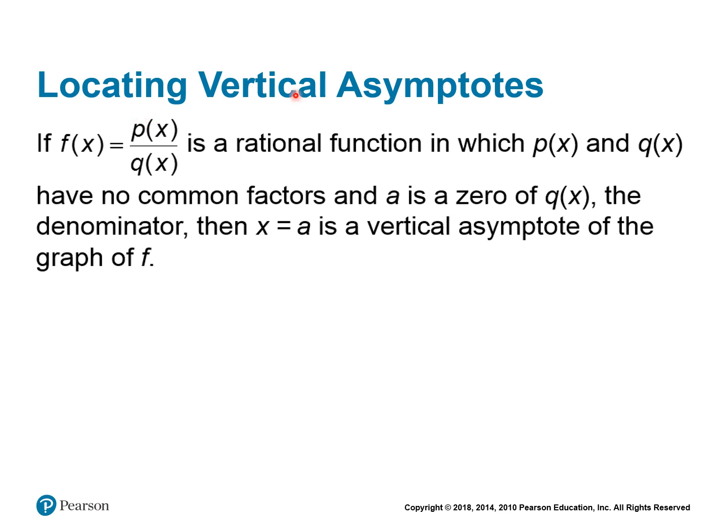Now we will discuss where the vertical asymptotes of a rational function are located. It says here: if f of x equals p of x over q of x is a rational function in which p of x and q of x have no common factors, and a is a zero of q of x, the denominator, then x equals a is a vertical asymptote of the graph of f.